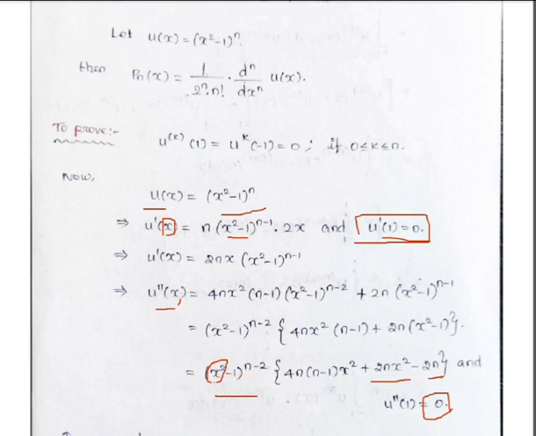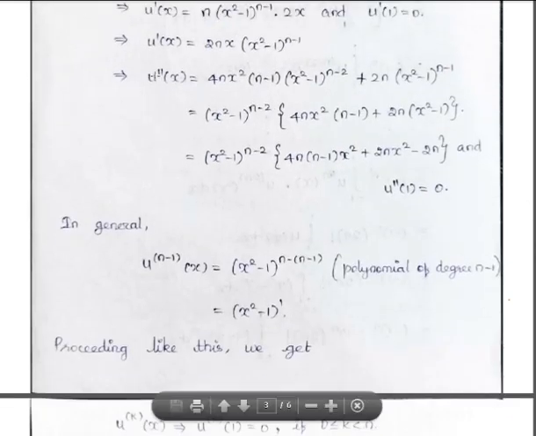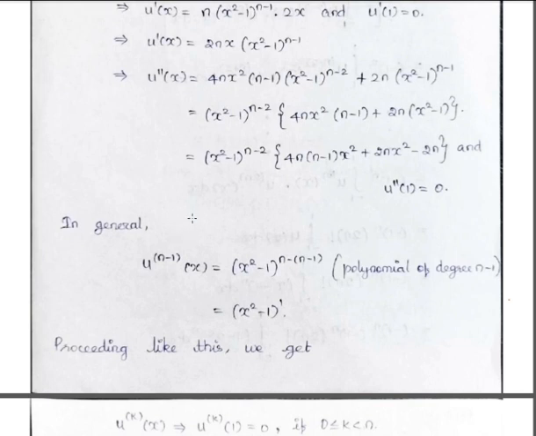Next we differentiate to get u triple dash, next u fourth dash, next the fifth derivative, and in general up to the (n minus 1)th derivative. What we get is (x square minus 1) whole power n minus 1, so we get (x square minus 1) whole power 1, so (x square minus 1) whole dash.